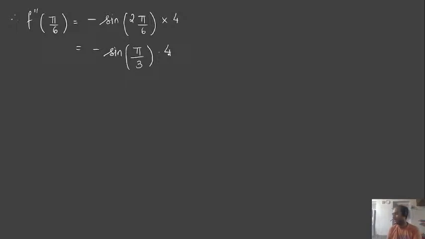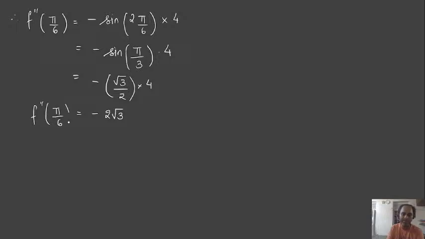How much is sine pi by 3? It is 60 degrees. Sine of 60 degrees is root 3 by 2. So our answer here is minus root 3 by 2 into 4. So my final answer here is minus 2 root 3 for f double dash of pi by 6.